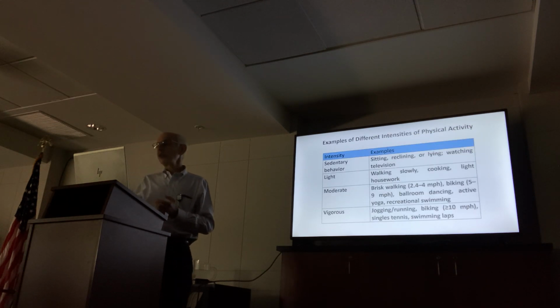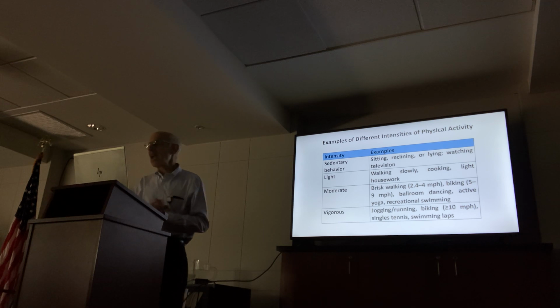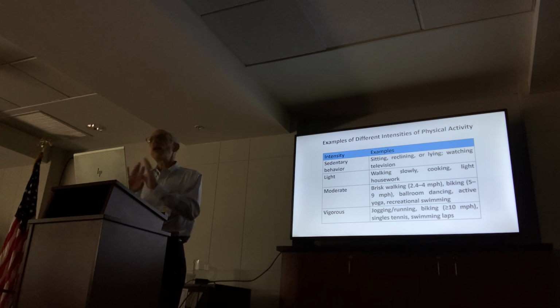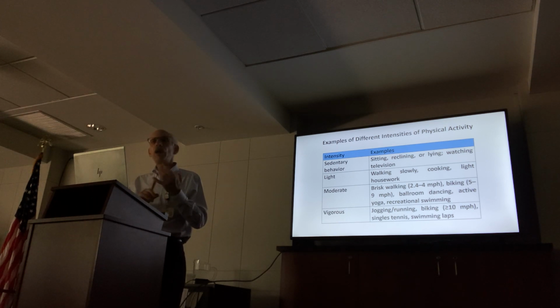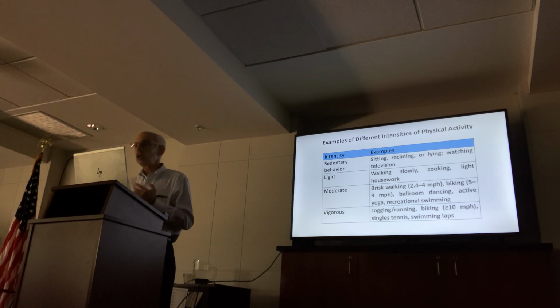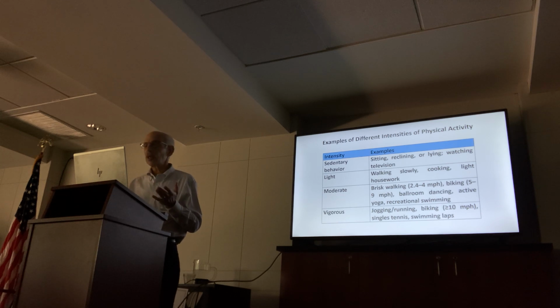Here are some examples of different intensities of physical activity. Most of us are pretty sedentary. We like to sit, we like to lie down, we like to watch television. That's sedentary activity, and it's okay, but not all day long. We want to mix it up with some light activity, which is like walking slowly, cooking, light housework. That's great, that's exercise.